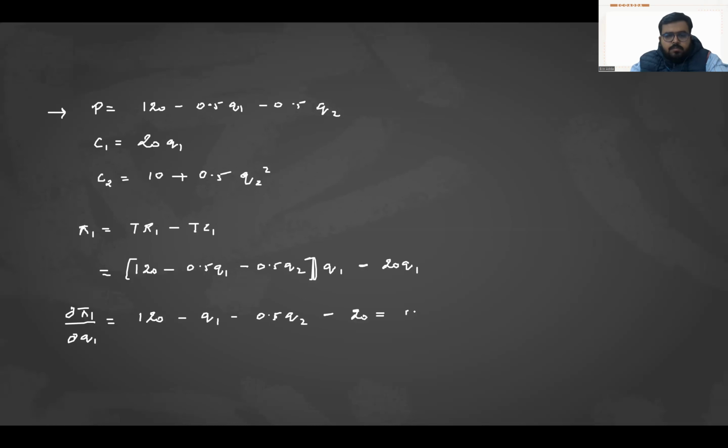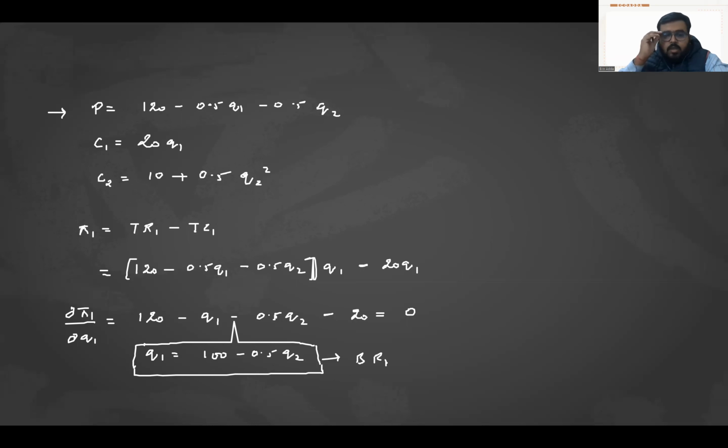If we solve this, we'll get Q1 = 100 - 0.5Q2. This is nothing but the best response of firm 1, right?